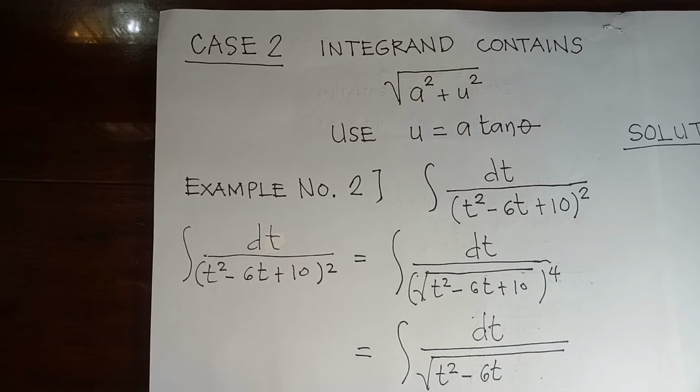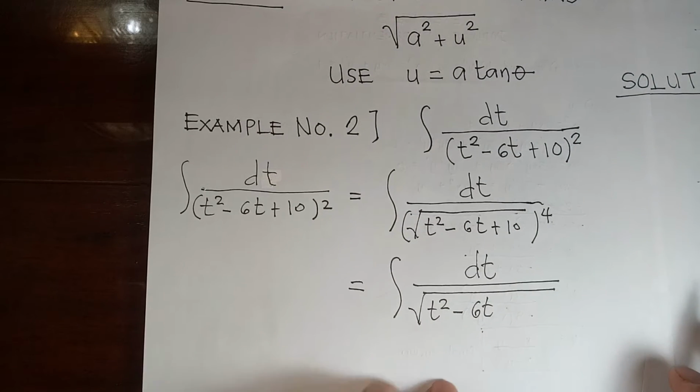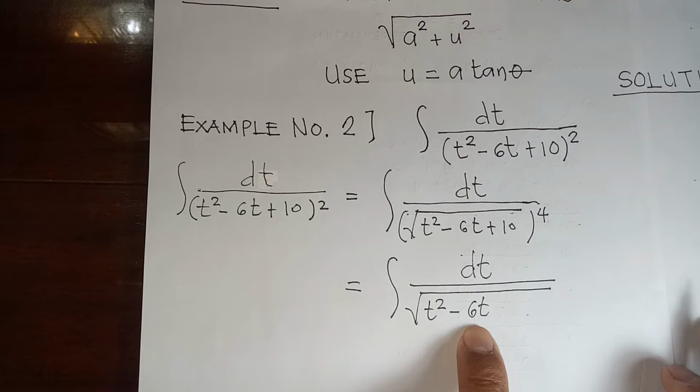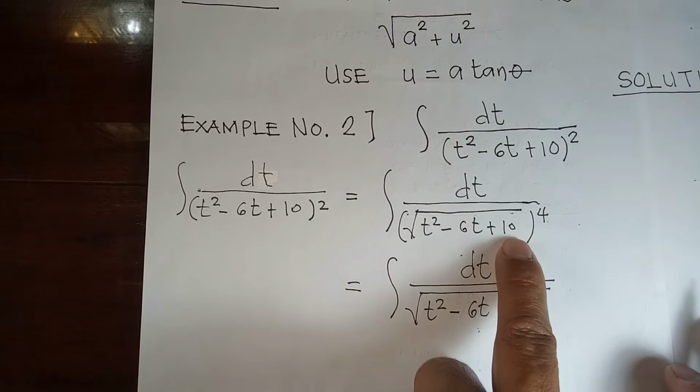So sa completing the square, ang gagawin natin, yung coefficient ng t na 6 ay di-divide natin sa 2. Tapos yung result ay i-square natin. So, 6 divided by 2 equals 3, and then squared, the answer is 9. So, yung 9 na yun, hihiramin natin doon sa 10.